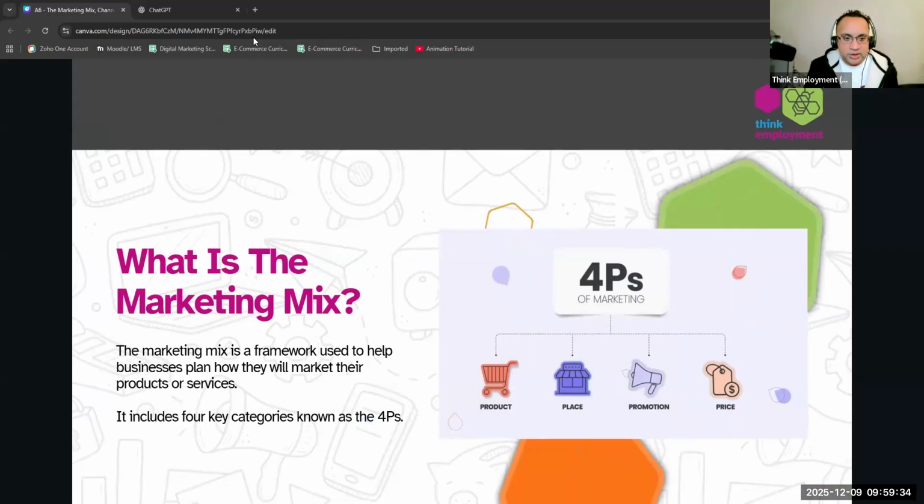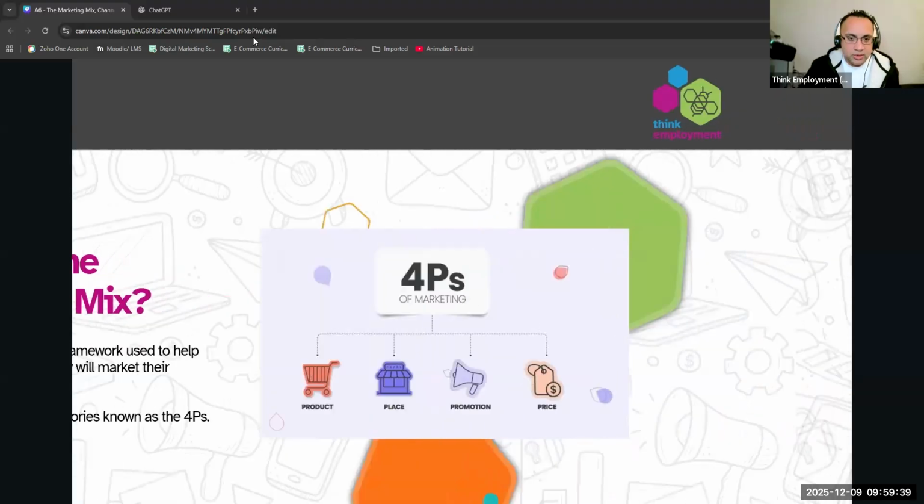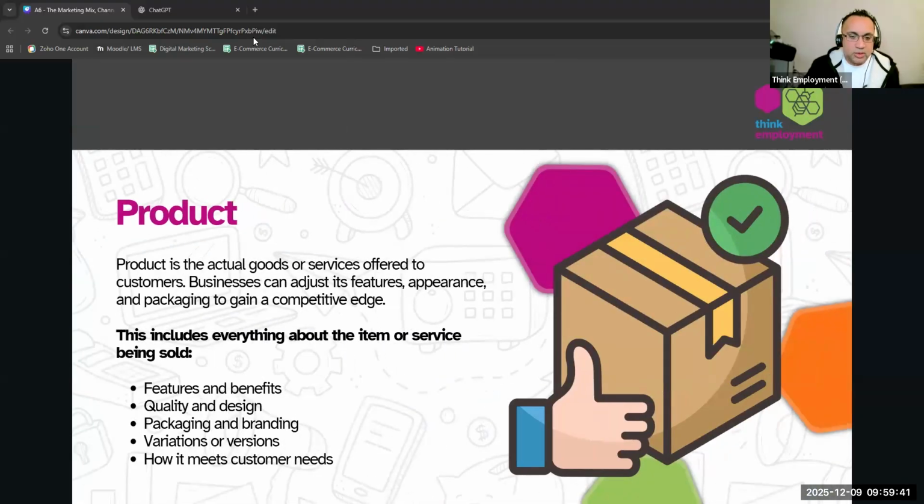For the product, it could be that you're changing the packaging, or adding more benefits to it. You could add another product: if you buy this one, you get another one for free. Okay, buy one get one free.